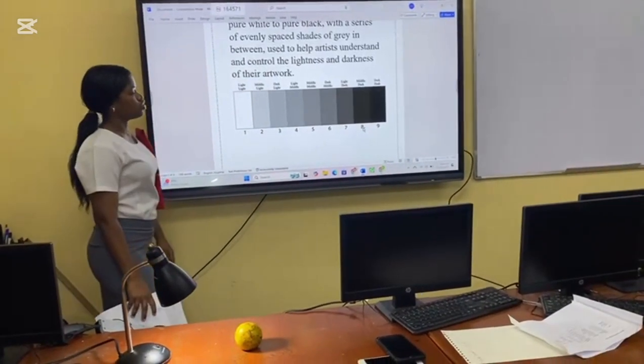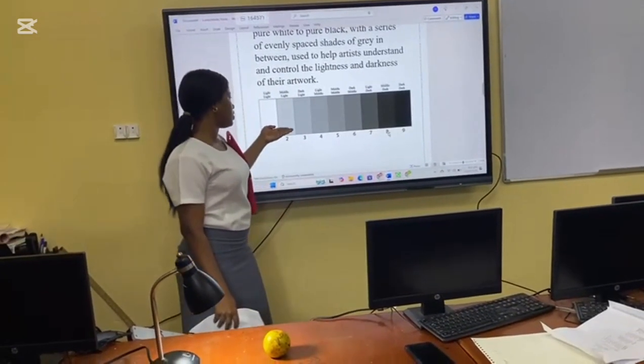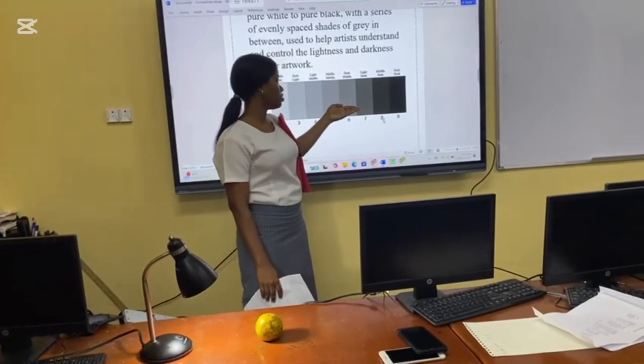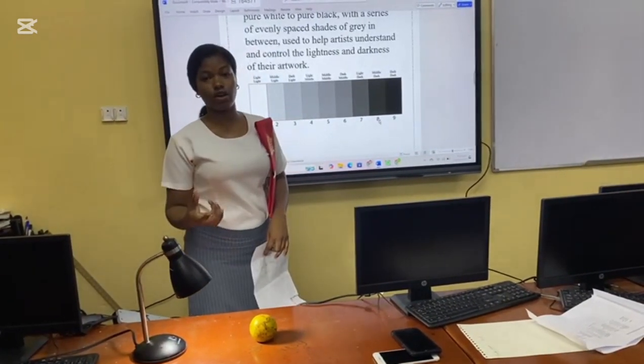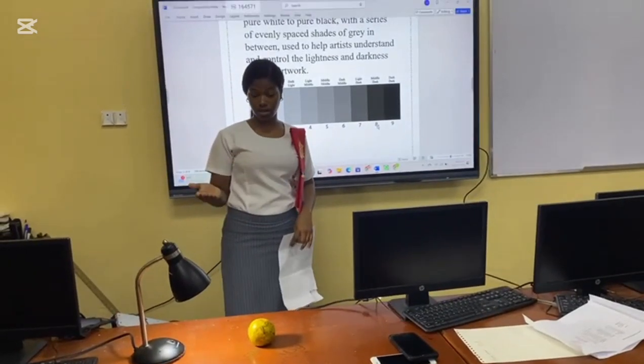Right? So without these middle tones, our object won't get the effect of being three-dimensional.